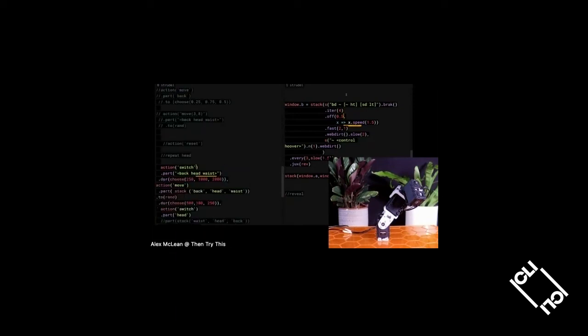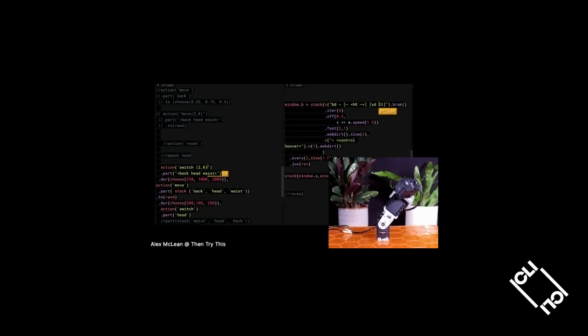Move your waist to 30% over 1.5 seconds. Switch your head. Switch your head over 2 seconds. Move your waist to 94% over 0.25 seconds. Switch your head.